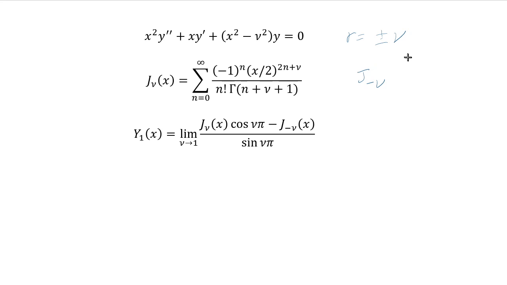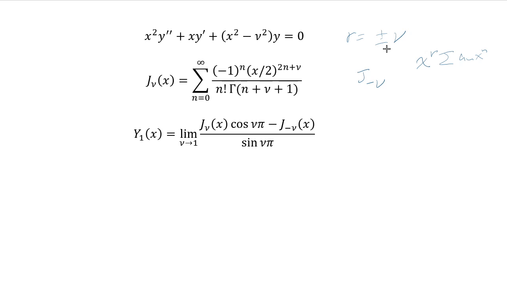Now, generic Frobenius theory says that if two solutions of the indicial equation differ by an integer, then the second solution may not be of the Frobenius form x to the r sigma a_n x to the n. It may have a logarithmic singularity, and that will need a different approach, which I'm about to do.